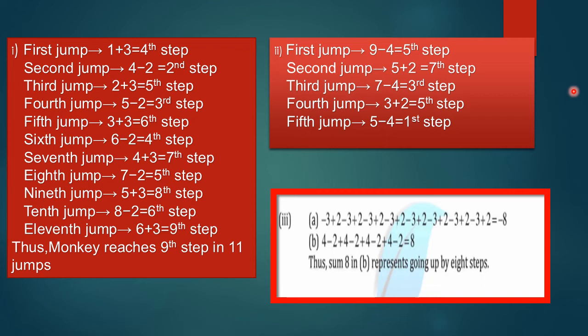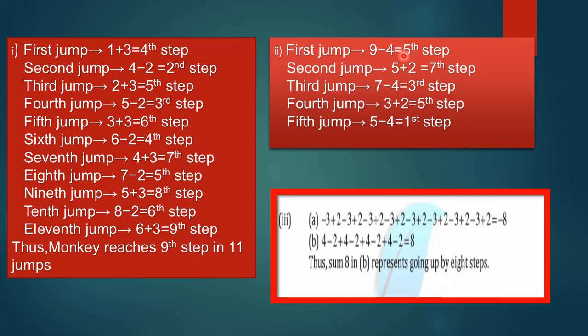Now by the second part we understand, after drinking the water the monkey wants to go back, that means to come up. So while coming back it goes 4 steps up, then goes back 2 steps down. So from the 9th step, in the first jump it goes up by 4 steps, so 9 minus 4, because it is coming back, that means up. So 9 minus 4, that means 5, that is the 5th step it reaches.